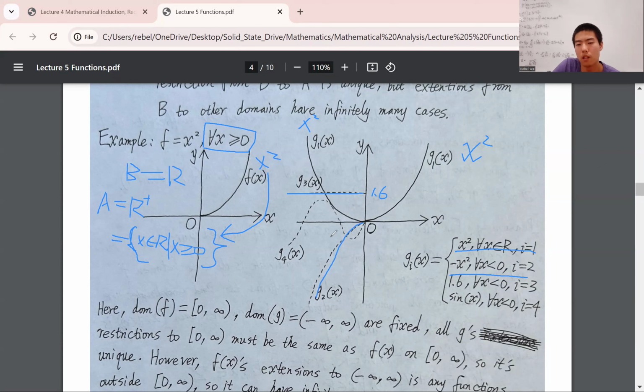It's just the opposite. Or it can remain some constant value, 1.6, or it can go as a sine function. Or it might go as some very weird function like that, but it's also working. So we cannot say how the function goes outside of the set A when the function is an extension. Although B is fixed, there are infinitely many values to choose.